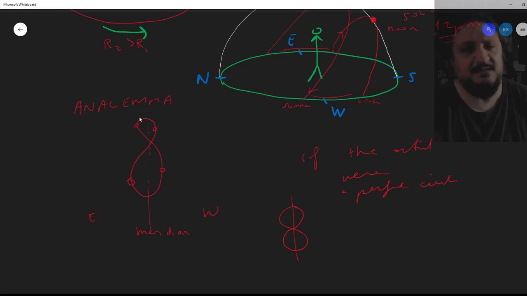You can see Analemma at any time of the day, okay? You can watch the sunset and take a picture every day before sunset and create your Analemma using those pictures.